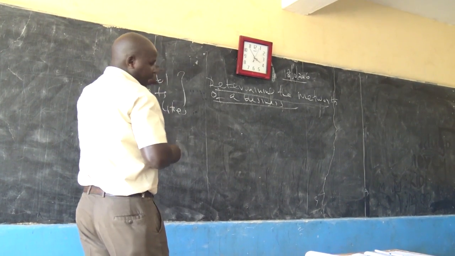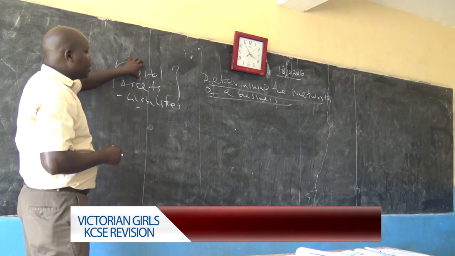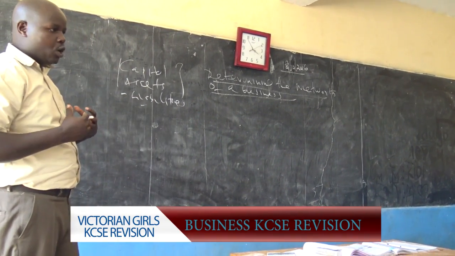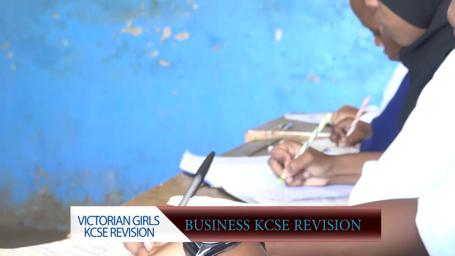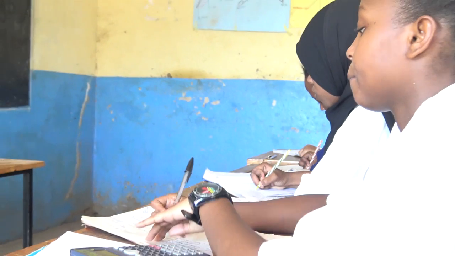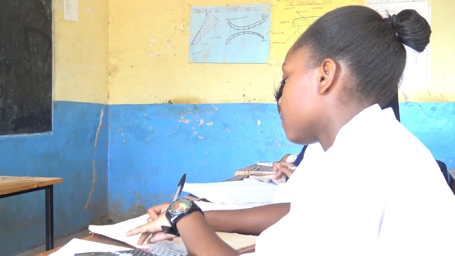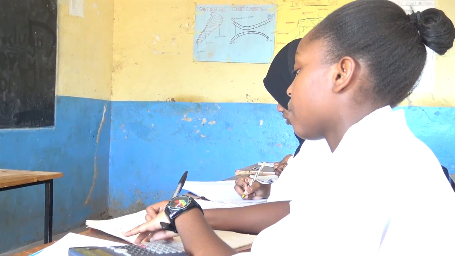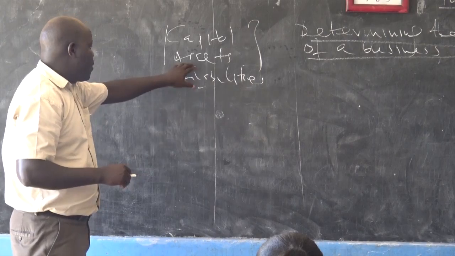Now, what is capital? Capital is referred to as the owner's claim from the business: what the owner of the business brought into the business, what the owner invested in the business. It's also referred to as owner's claim or equity.